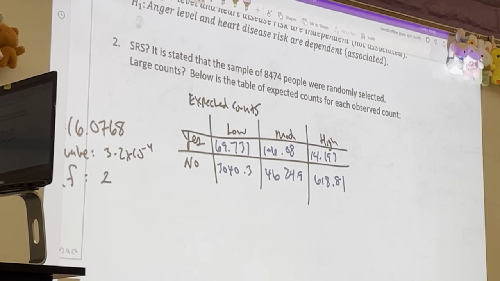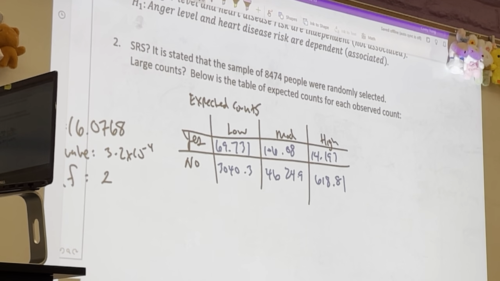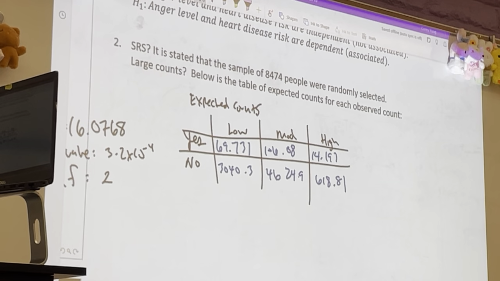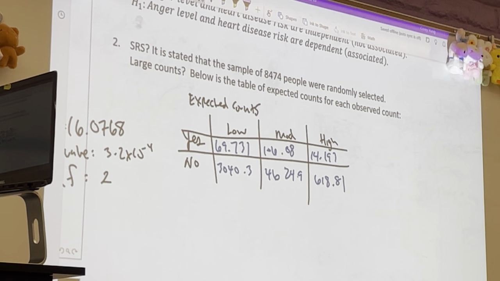All right, so those are my expected counts from the calculator. You don't have to physically write out the formula. I've seen that they just say show us the expected counts and then that's enough. So I doubt that they're going to ask you to calculate individually all of them on the AP test.